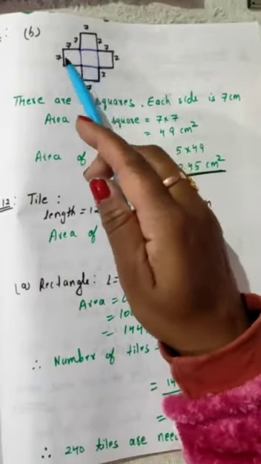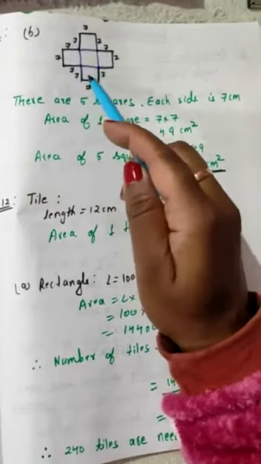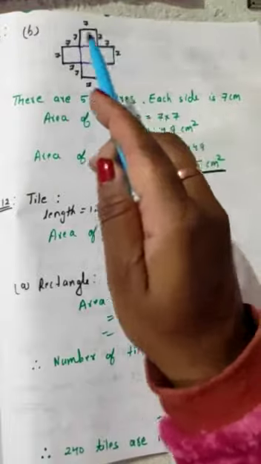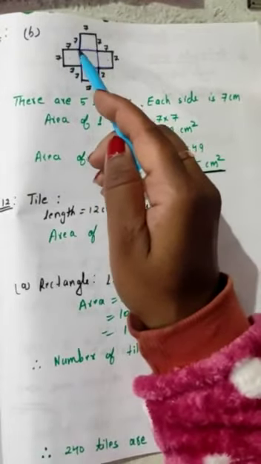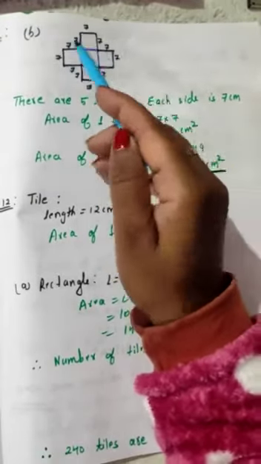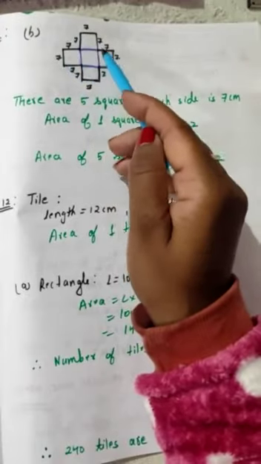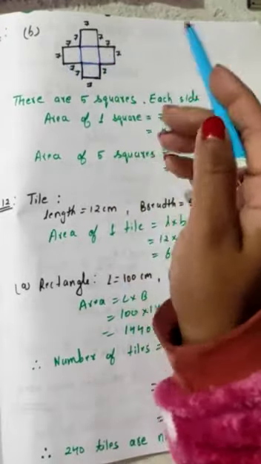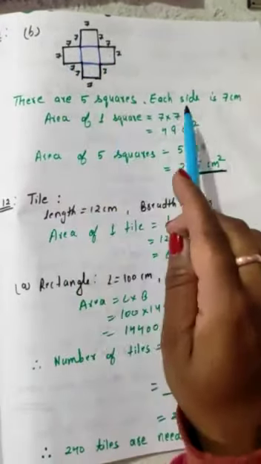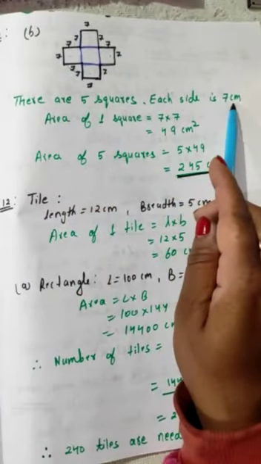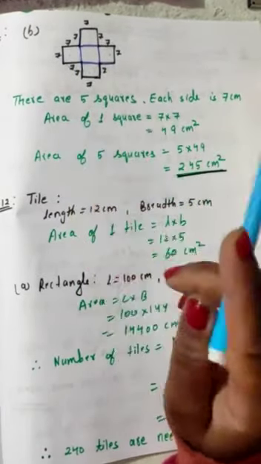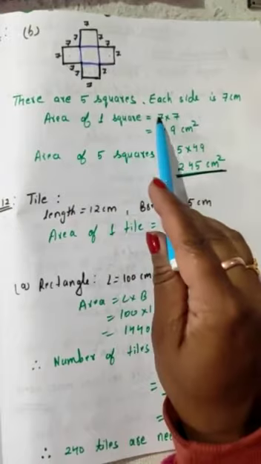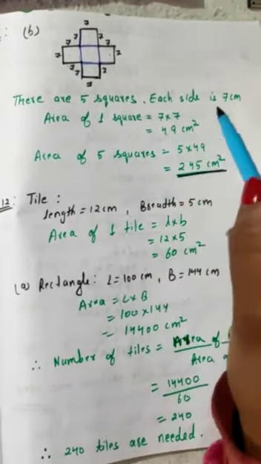sign. So there are total 5 squares, 1 2 3 4 and 5, okay, and since this is 7, so all the dimensions are same. तो ये जो अंदर वाला square है इसकी dimension भी 7 and 7 है. So there are 5 squares and each side is 7 centimeter. Okay, so area of one square you will calculate first, which is 7 into 7, 49 centimeter square.